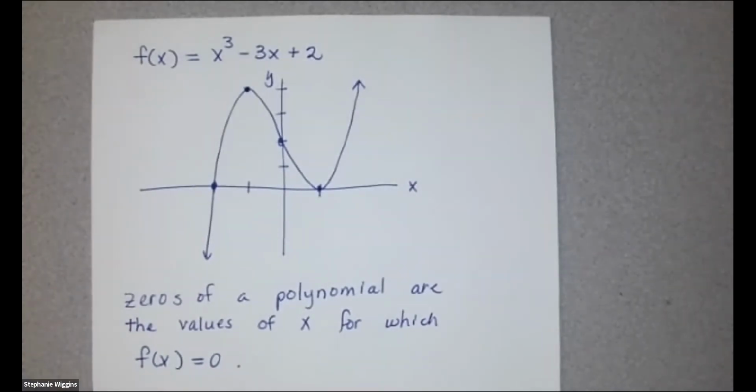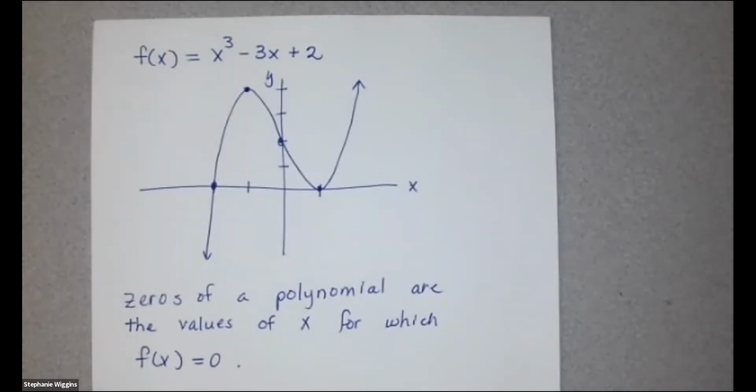So it's kind of confusing because you think of the 0 as the number 0, right? Well, when we're talking about polynomials, we're not talking about the number 0, we're talking about the values of x that cause the function to be 0.